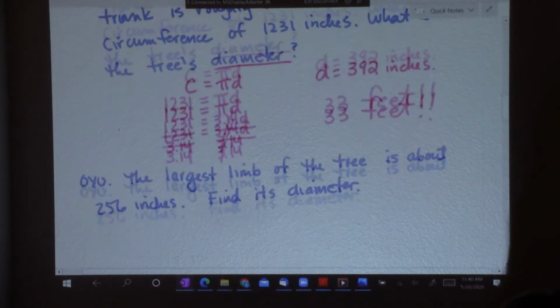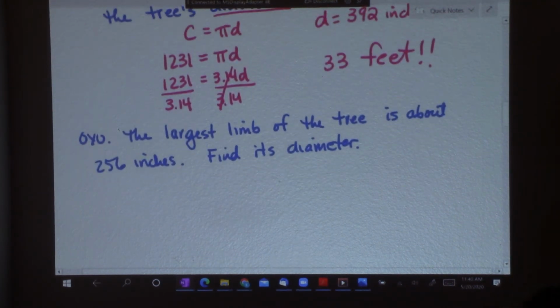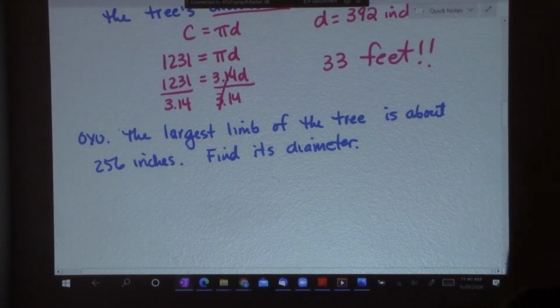Okay, I want you to try one of those. So what I want you to do is pause the video and go ahead and do this problem. All right, let's go over it together. The largest limb of the tree is about 256 inches. Find its diameter.